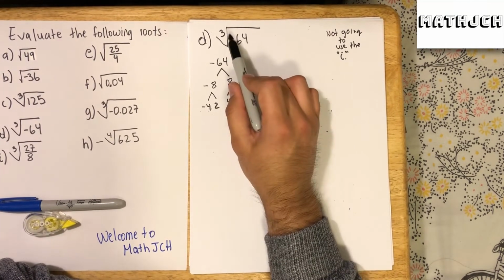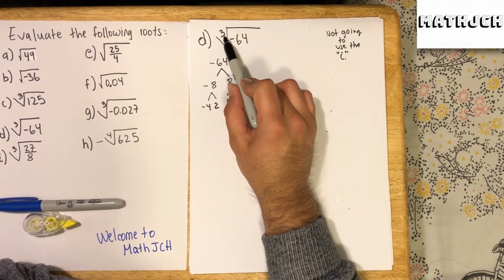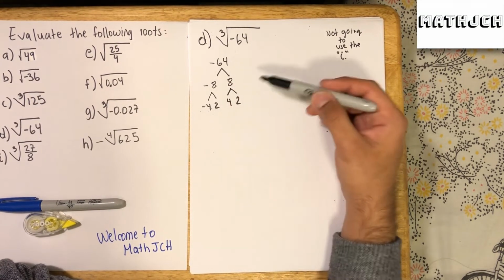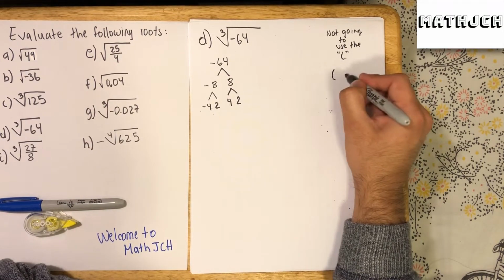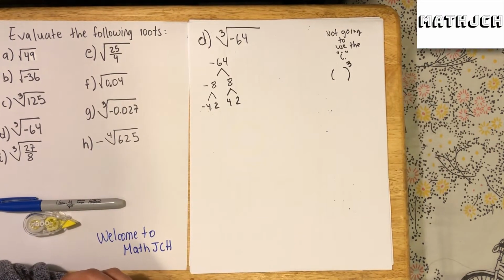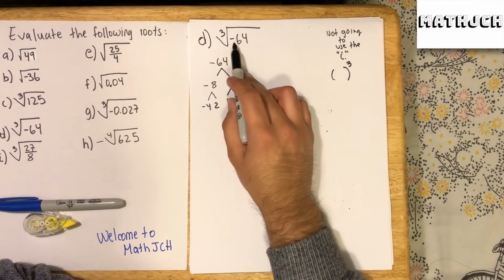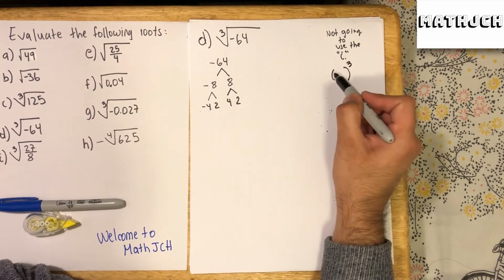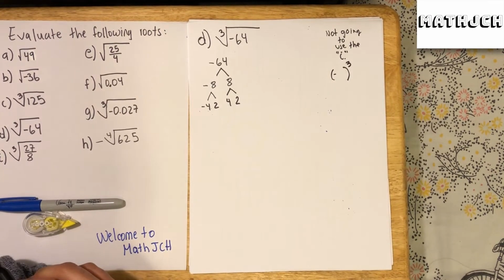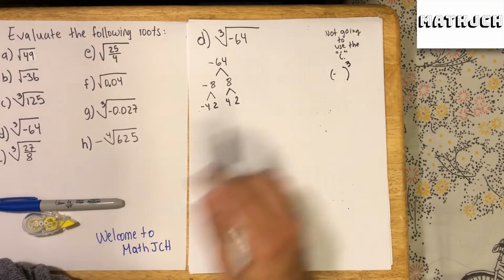But notice here, we have an index of 3. So that means that I'm looking for a number raised to a power of 3. Which number is going to be that one? Now, since this one is negative, my number inside has to be negative as well. That's one trick that you could use.